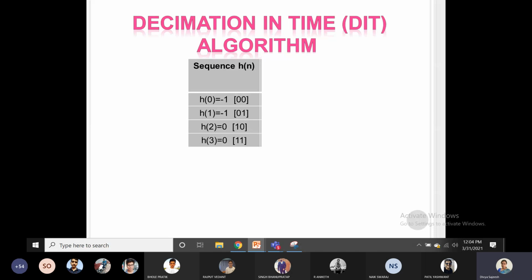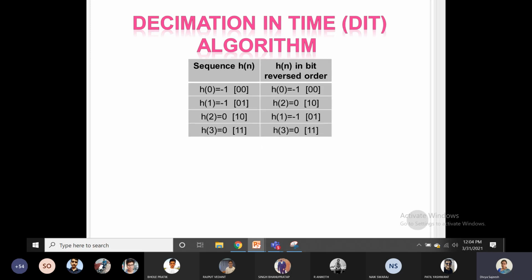The same procedure: let us take the h of n sequence in the same order, where minus 1 is the actual element, and we added 2 zeros at the end, 0 0, to make it a 4-point sequence. Now if I write it in bit-reversed order, I will get the sequence minus 1, 0, minus 1, 0. Okay.